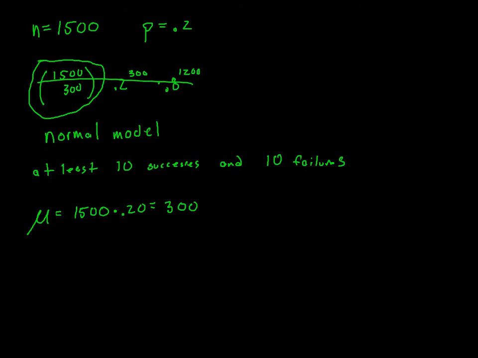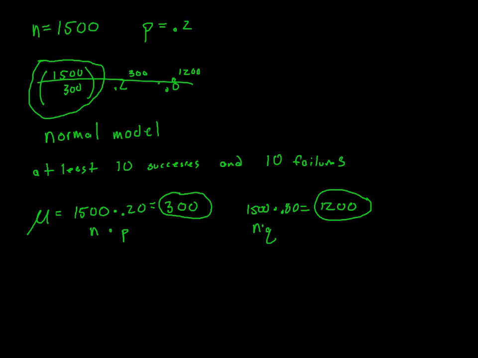So that means I expect to have 300 red M&Ms. That's n times p. And n times q, or 1,500 times 0.8, would be 1,200. So that would be 1,200 M&Ms that are going to be not red.